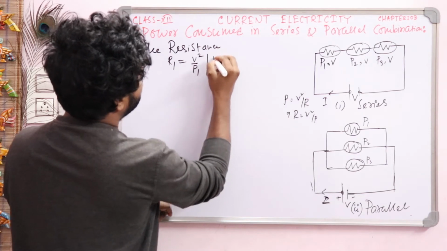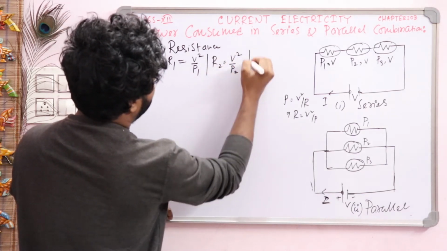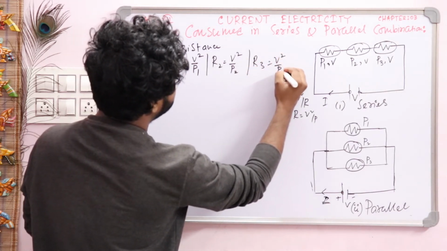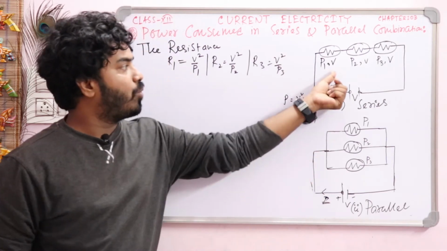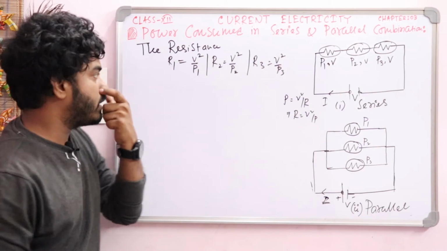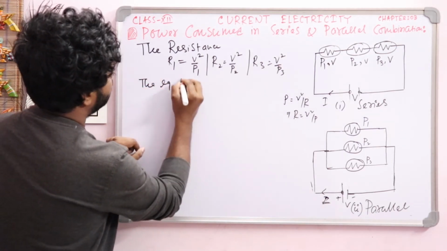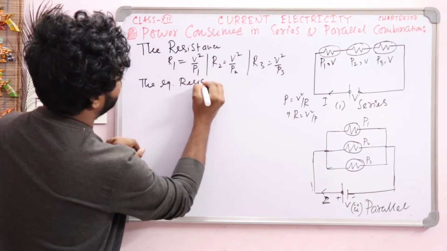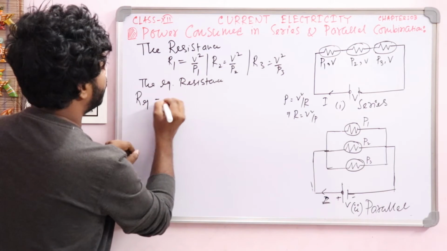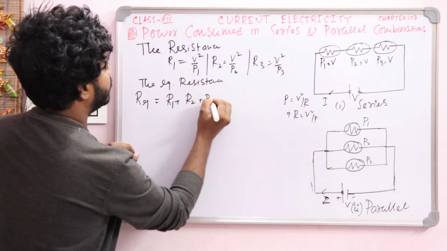In the same way R2 will be V square by P2 and R3 will be V square by P3. Now R1, R2 and R3 are connected in series. So what is the equivalent resistance? The equivalent resistance value R equivalent, you know the formula for series combination, is R1 plus R2 plus R3.